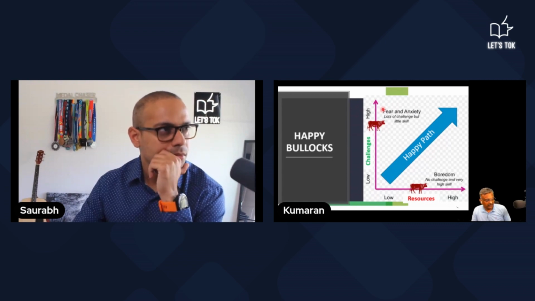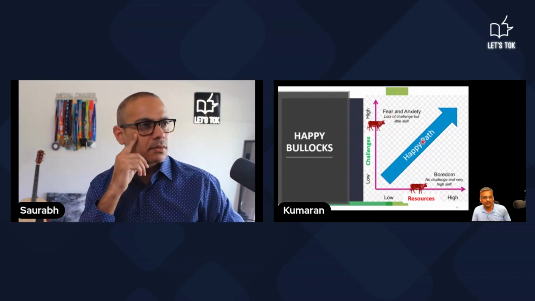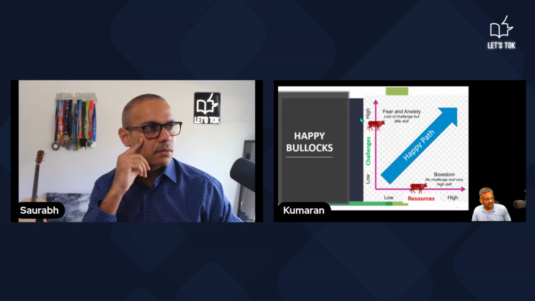Now if they have to get into the happy path, either they have to go this way or come this way, to get from here into the happy path. Happy path is where momentum is happening. So the question is, if somebody is here, what is the easiest way to get to the happy path? Is it increasing resources, moving like this, or reducing the challenge and moving this way?